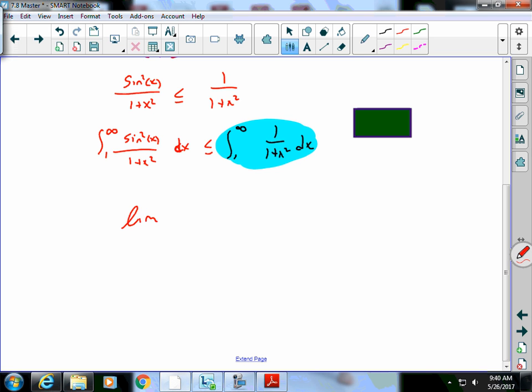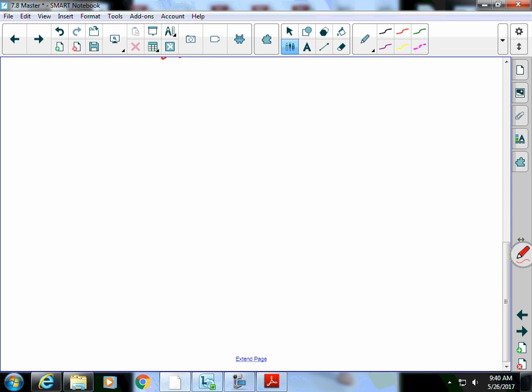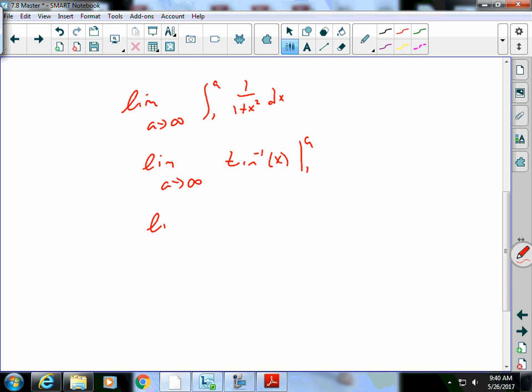So I say the limit as a approaches infinity of the integral from 1 to a of 1 over 1 plus x squared dx. I want to prove that that converges. Again, that's arctan of x, evaluated from 1 through a. That's the limit as a approaches infinity of the arctan of a, minus the arctan of 1.